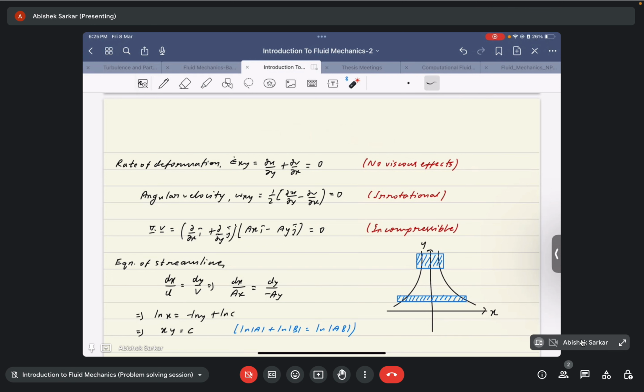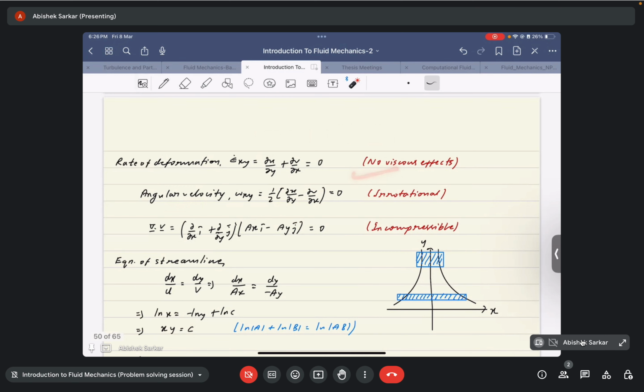Similarly, the angular velocity omega xy, which is equal to half of dou v by dou x minus dou u by dou y, is again 0, because dou u by dou y and dou v by dou x individually are 0. That's why there are no considerable viscous effects, because the rate of deformation is 0, and moreover the flow is irrotational because the angular velocity omega xy is also 0. And thus such kinds of flows which are inviscid as well as irrotational denote a stagnation type flow.